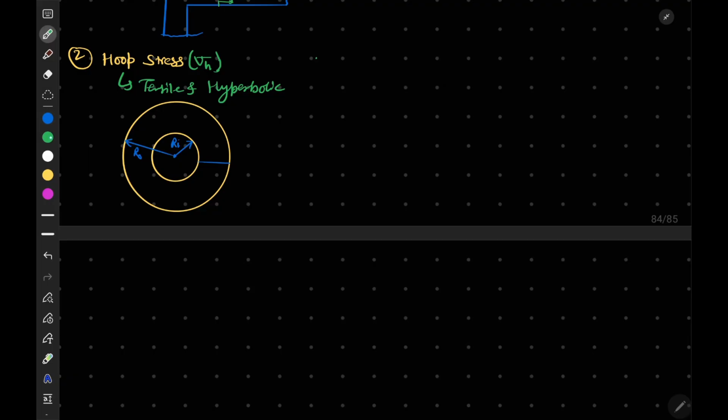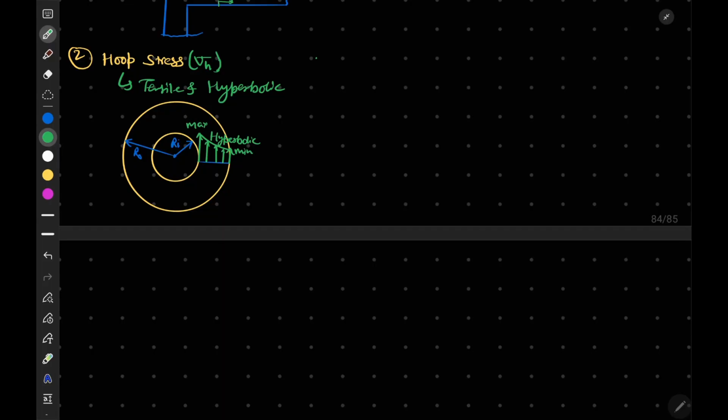Variation with radius will be maximum at the inner section and minimum at the outer section, and the variation will be hyperbolic like this.